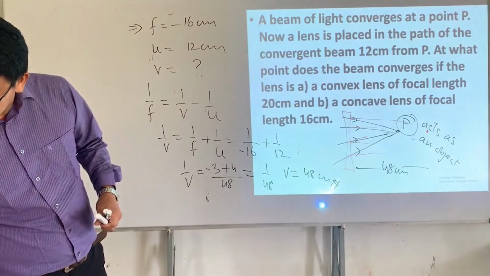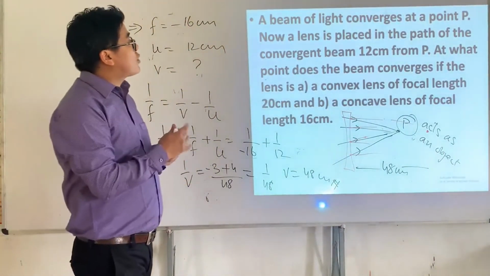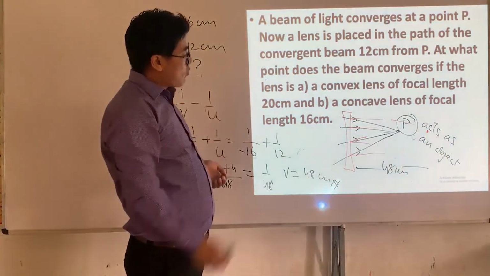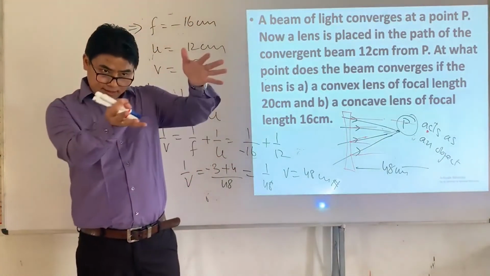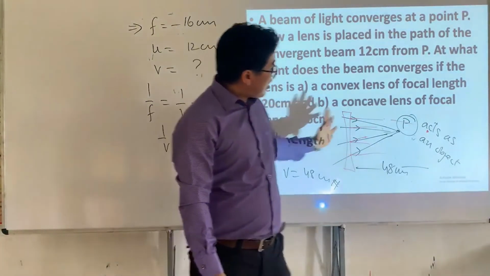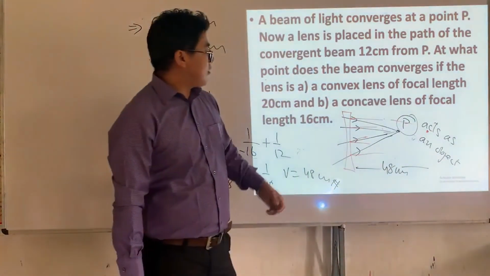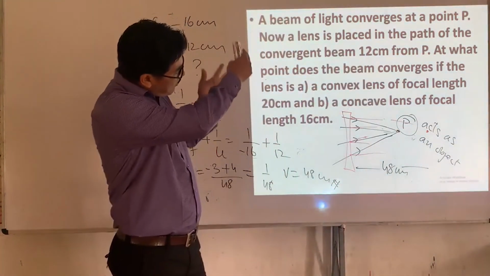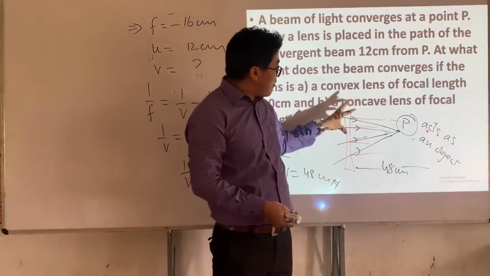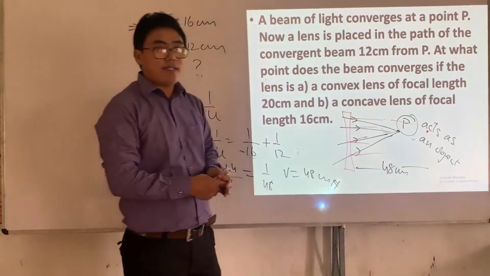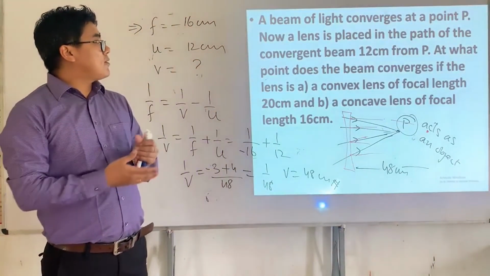Alright. So this is all about it: when I keep a concave lens, it diverges and brings the image beyond F. If I keep a convex lens, it converges and brings the image in front of P. Alright. This is all for the problem.